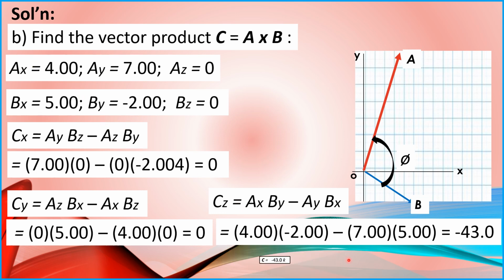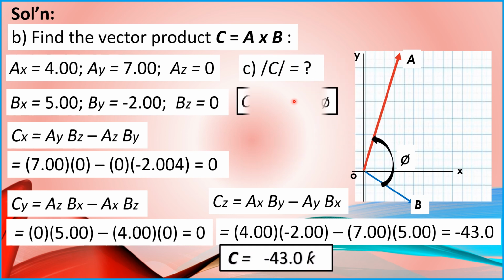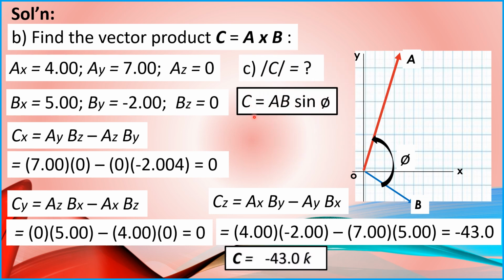To check, we now make use of the calculated angle phi, and using the formula for determining the magnitude of the vector product represented by capital C, which is equal to the product of the magnitudes of vectors A and B times the value of sine of the angle phi. So we simply substitute.